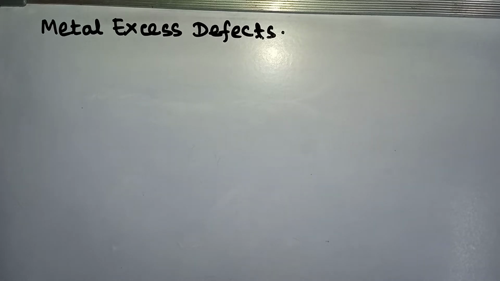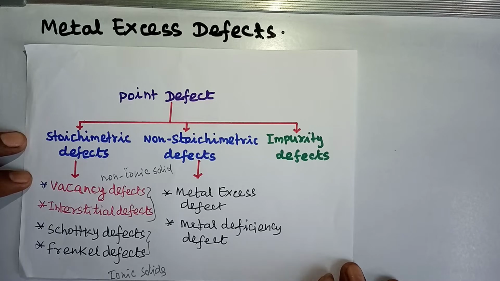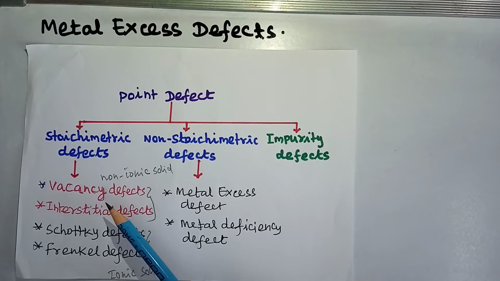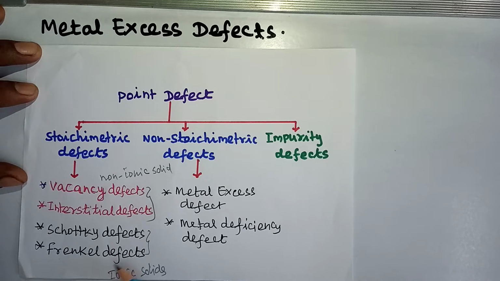Metal excess defect. We know that point defects are classified into three types: stoichiometric defect, non-stoichiometric defect, and impurity defect. The stoichiometric defect is further classified into vacancy defect, interstitial defect, Schottky defect, and Frenkel defect. Vacancy and interstitial defects are present in non-ionic solids; Schottky and Frenkel defects are present in ionic solids.